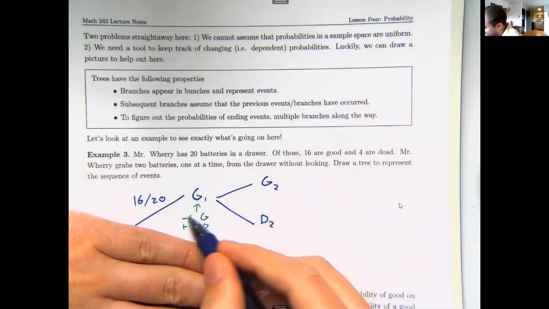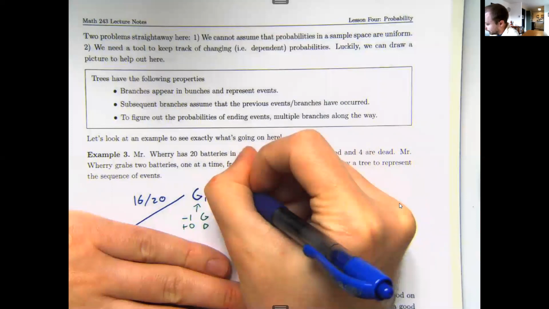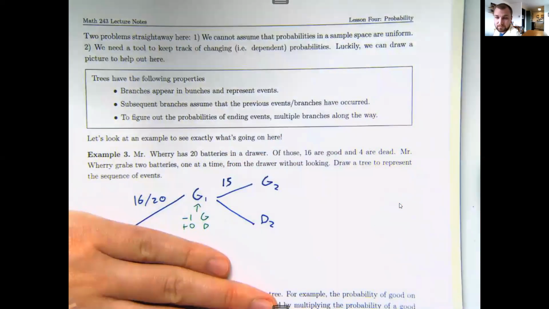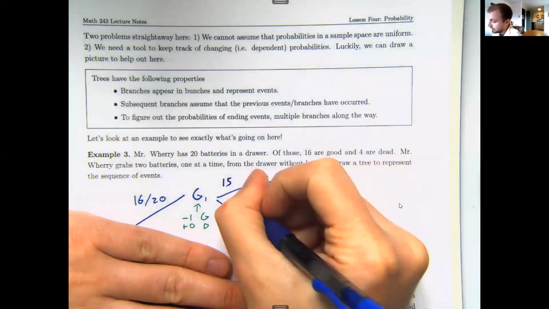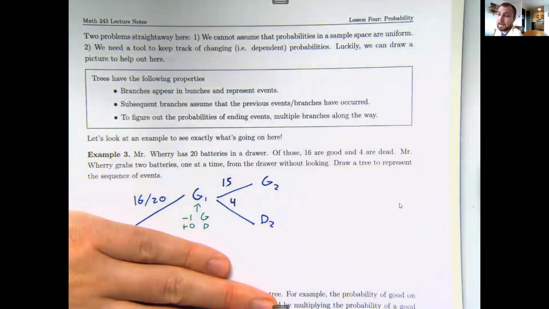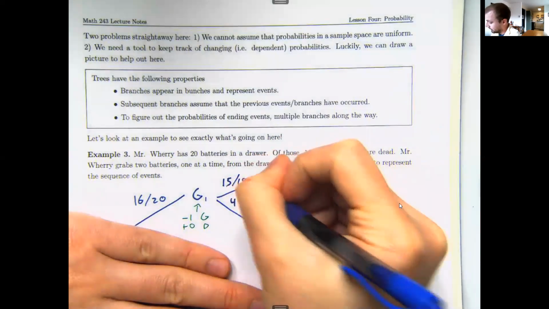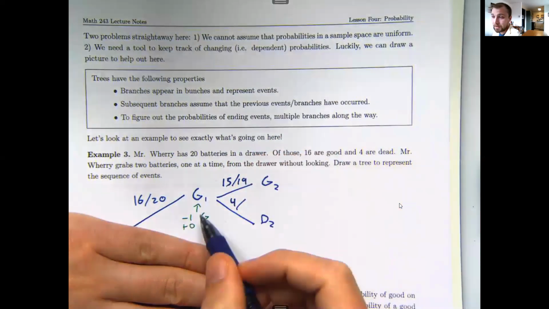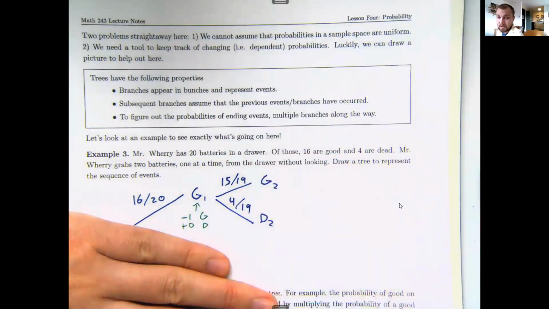Good has gone down by 1. It was 16, it's now at 15. My number of dead has not changed. It was 4, it's still 4. I had 20, I took away 1, it's out of 19. I had 20, I took away 1, it was the good one. I'm out of 19.